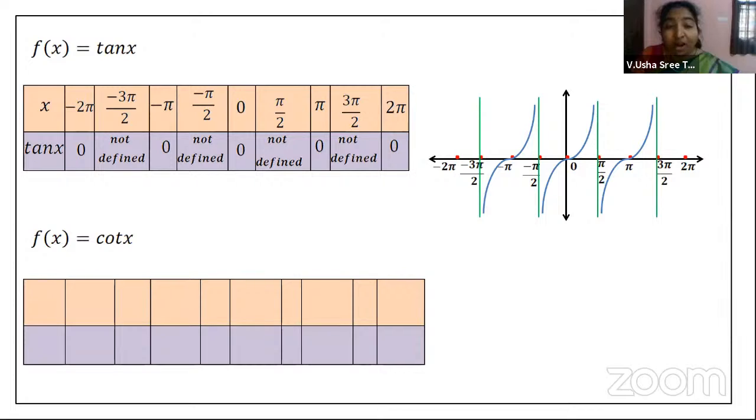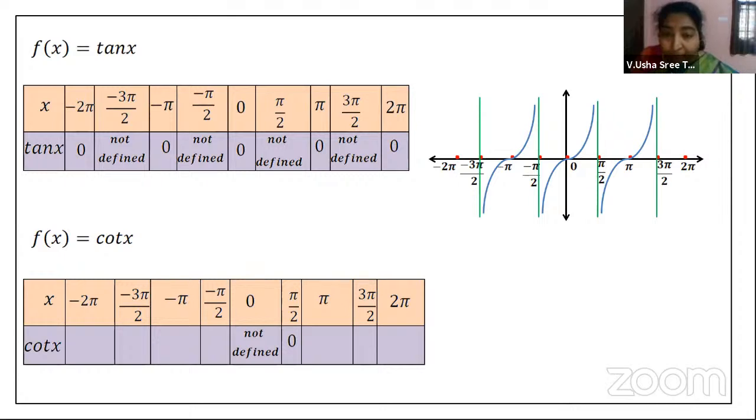Then we'll see the cot function. The same standard values we will consider, children. Cot 0 is an undefined value, right? Cot pi by 2 will be 0. Cot 180 will be an undefined value. Then cot 270 is 0. Cot 360 is not defined.